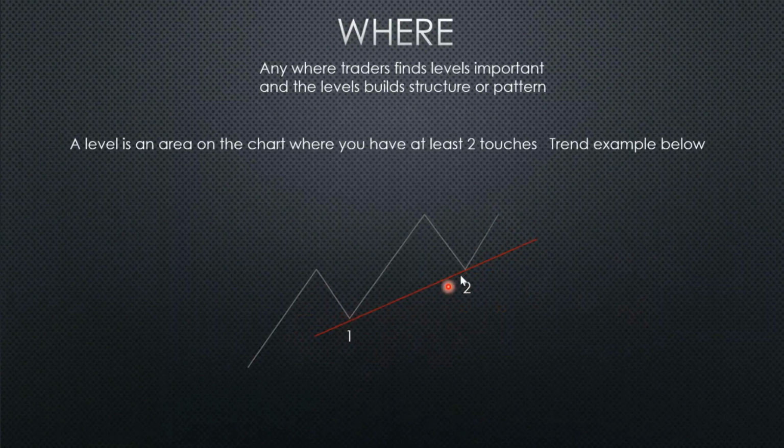So you need confirmation that you have some sort of a level, and that confirmation is at least two touches. And then when it extends, when it comes back, this is where you are looking for the 1, 2, 3 and the break and the pullback.